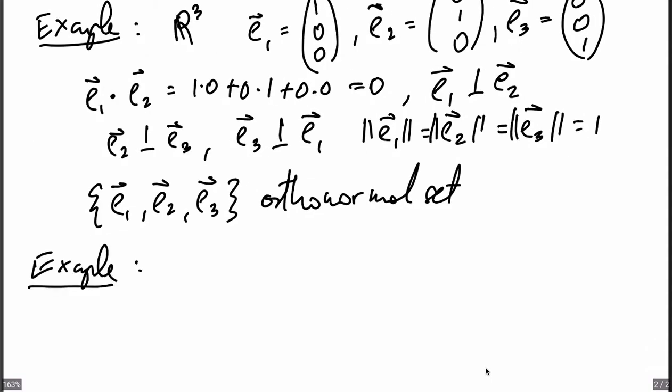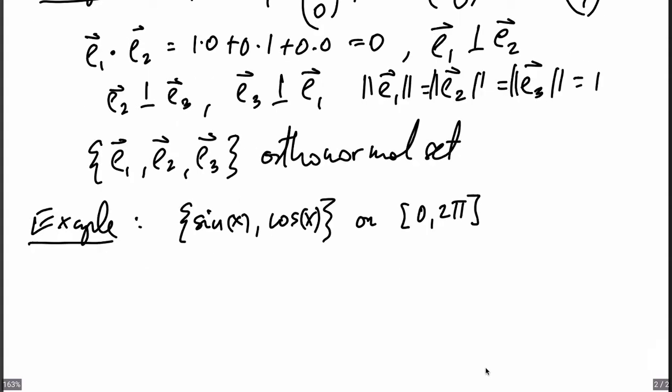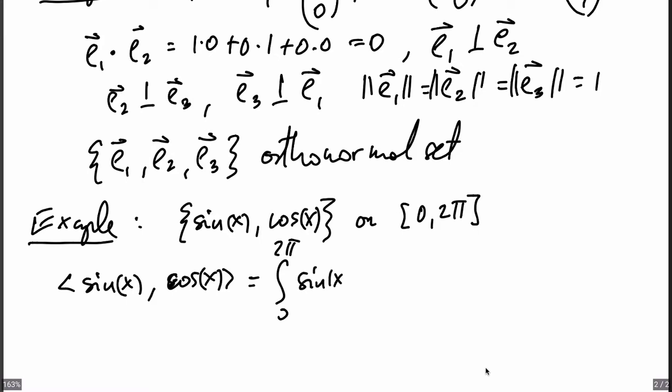Another example, if we look at the sine of x and the cosine of x functions and put them together as a set on the interval 0 to 2 pi, with the regular inner product given by the integral. So if we take the inner product of sine of x with cosine of x, it is the integral from 0 to 2 pi of sine of x cosine of x dx.